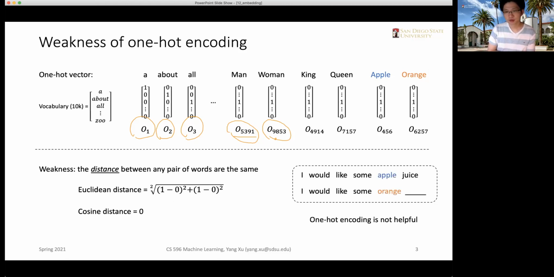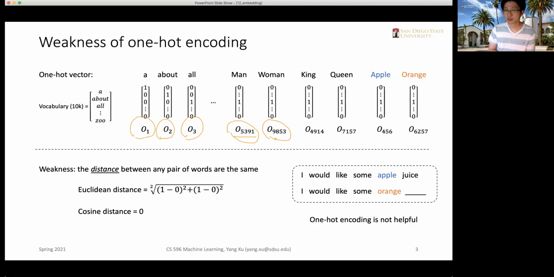It will directly be reflected in bad performance in language tasks. For example, if I want to predict the most likely word after "I would like some orange", but the model has encountered the first sentence, "I would like some apple juice".